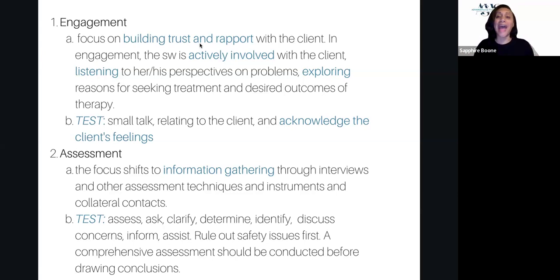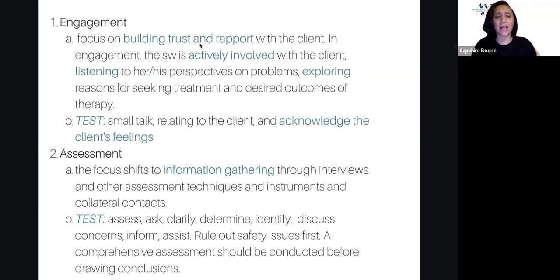And so ask, depending on what you're asking, right? Clarify, determine equals assess. Determine equals assess. So when you see determine, you can replace that word with assess, and it may help you pick the answer a little faster. Identify, discuss concerns, inform.